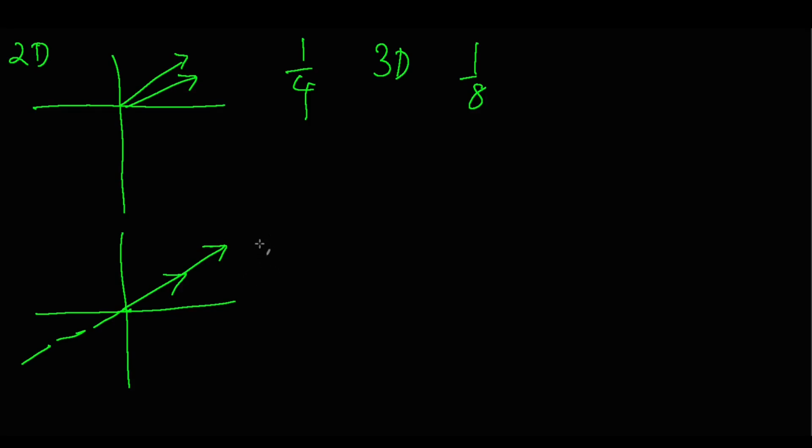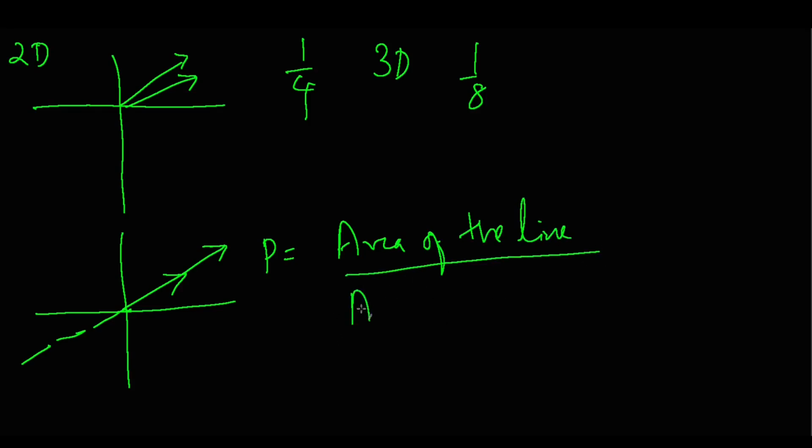So the probability would be area of the line upon area of 2D space, which will be 0 because a line has no area, it has only length.